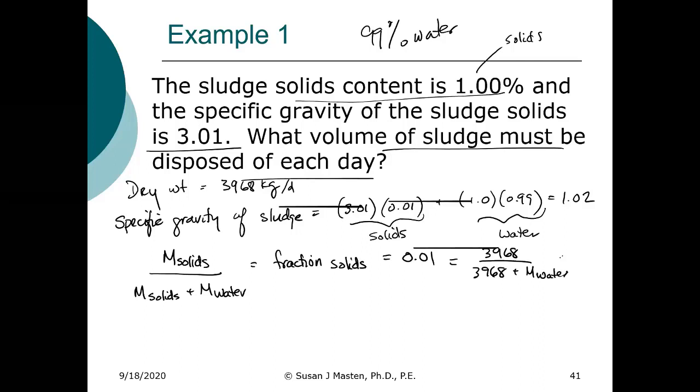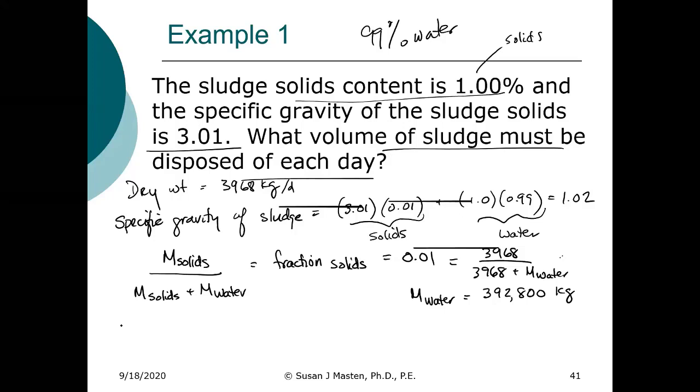If we do the math, we calculate a mass of the water equal to 396,800 kilograms. So we have almost 400,000 kilograms of water in this sludge.